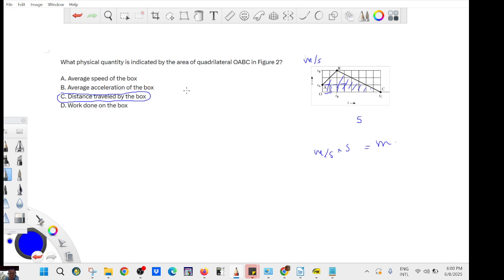Now, if you do a little bit of derivative or calculus, you know that the velocity is dx over dt, right? So dx equals v dt.